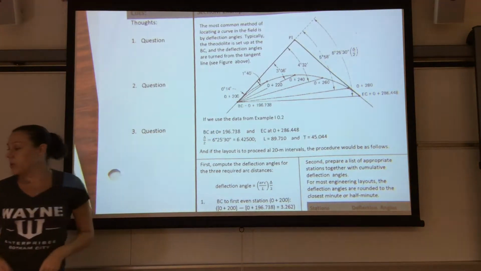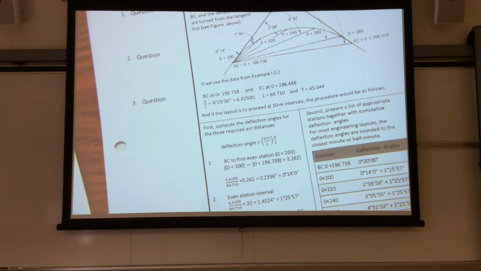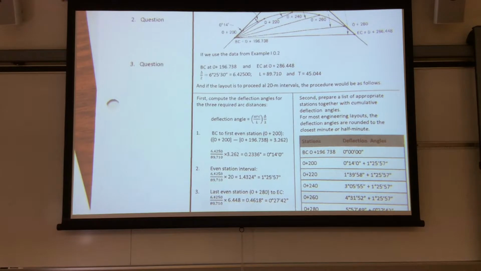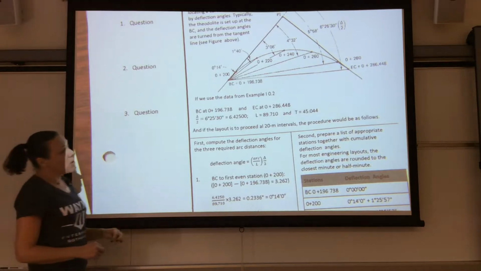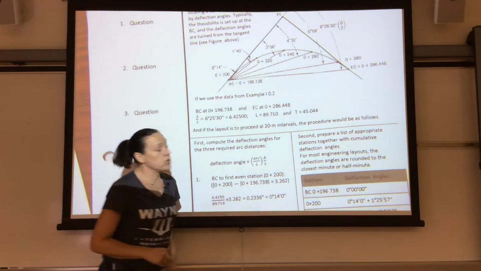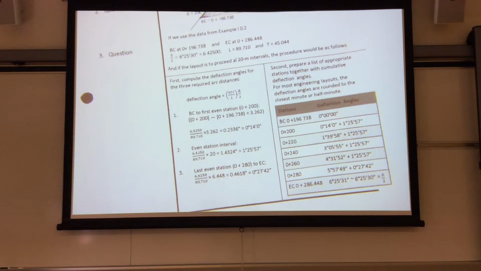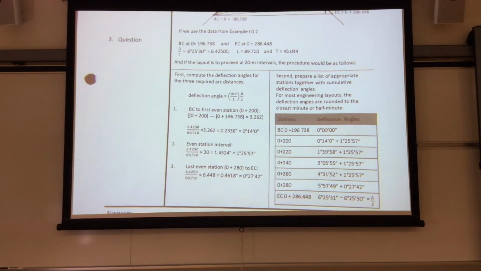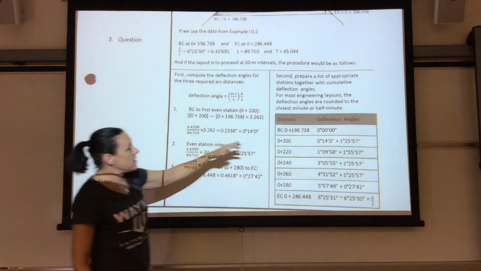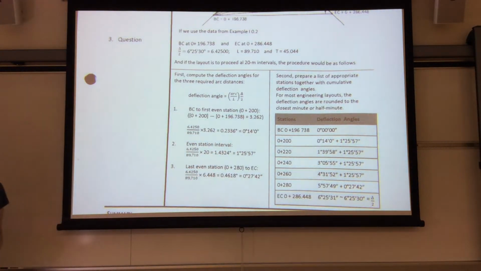All right, so when we do this, we still have to figure out our initial subchord and our ending subchord and subdeflection angles. So review this example for the total chord method. Okay? So in this one, we'll have our stations and our deflection angles. All right.